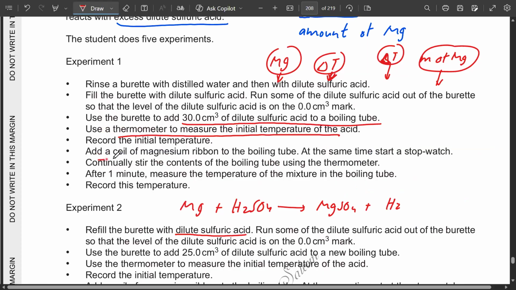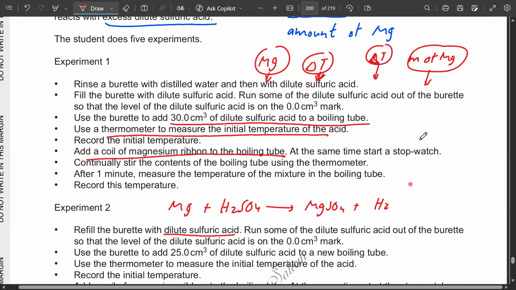So what is the boiling tube working like? It's working like a beaker in which magnesium ribbon is there, in which H2SO4 is there, in which a thermometer is placed. So all the things are there. So isn't it possible that during the mixing and stirring of sulfuric acid and magnesium, some heat energy will also be escaping out or wasting from the same boiling tube?